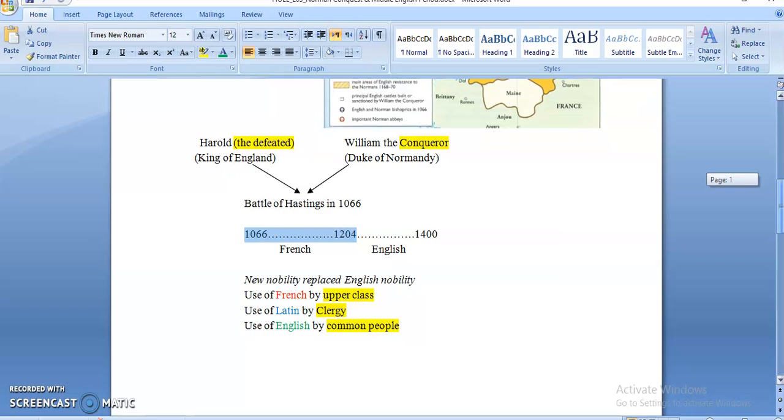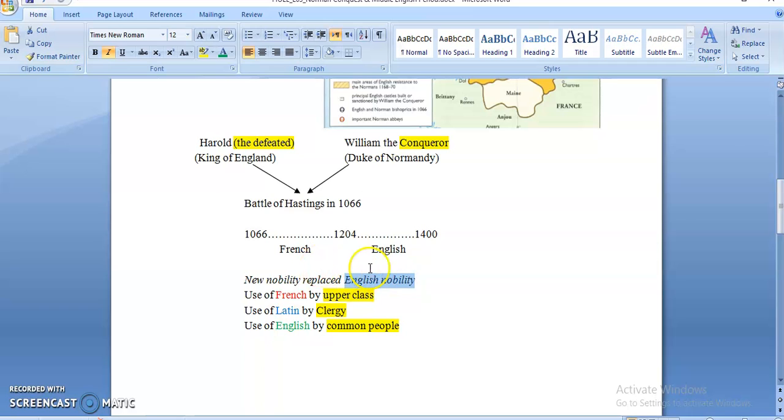So while Normans ruled England from 1066 to 1204, the French language was the language which was spoken during this period. So the new nobility replaced the English nobility. Nobility means the high-ups.